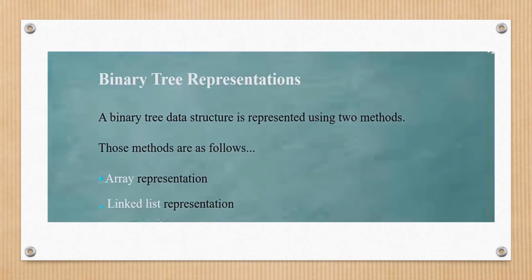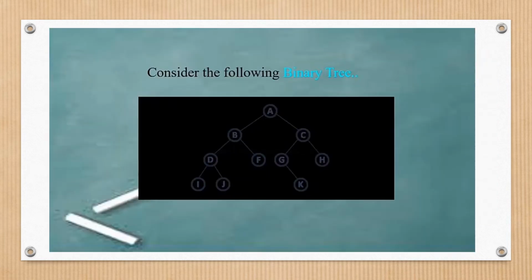Binary tree representation. A binary tree can be represented in two ways. One is array representation and the second one is linked list representation. Consider the following binary tree. Here the root node is A and B, C, D, E, F, G, H, I, J, K are the nodes in this binary tree.